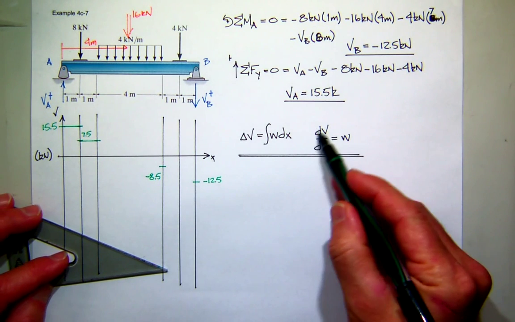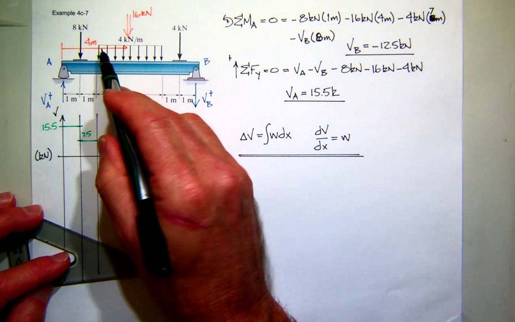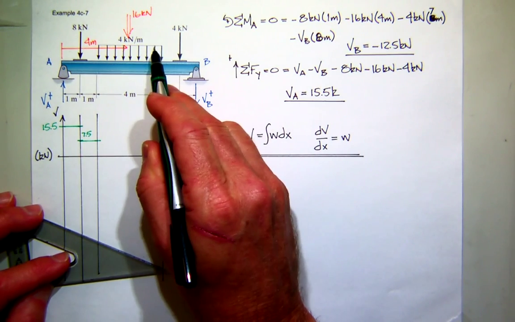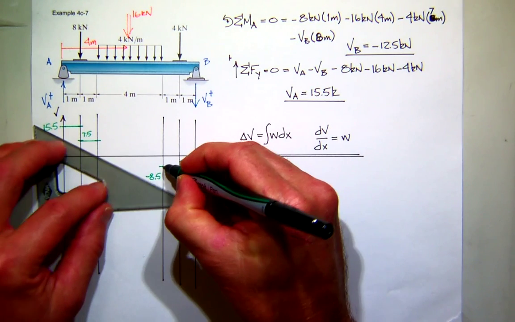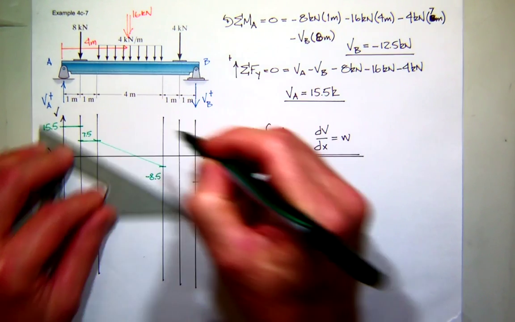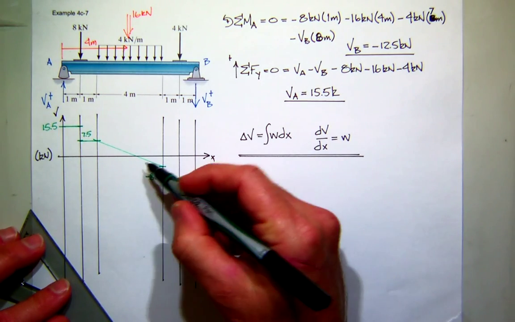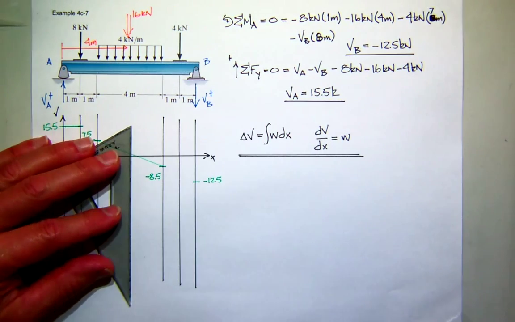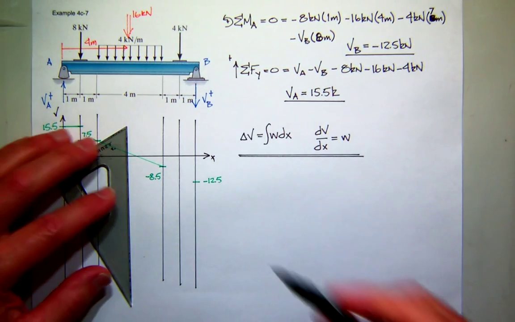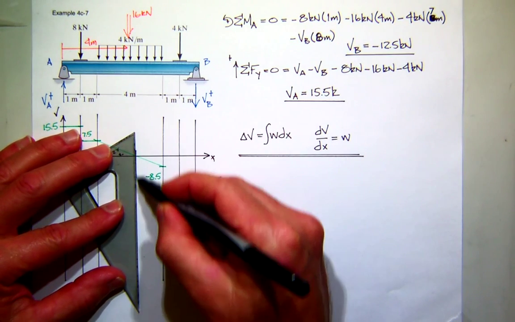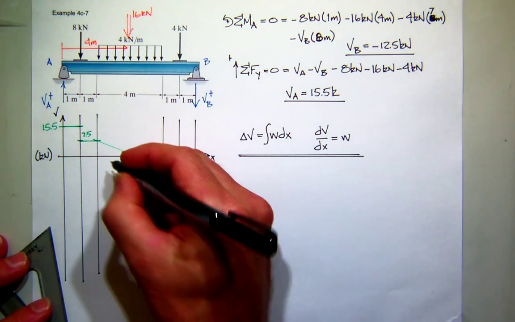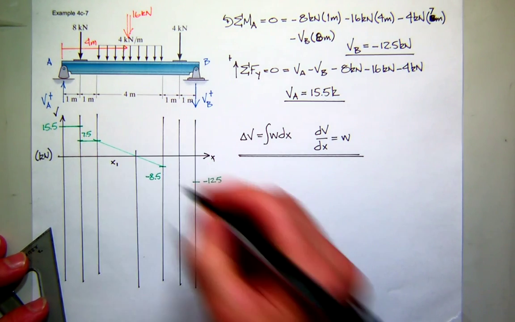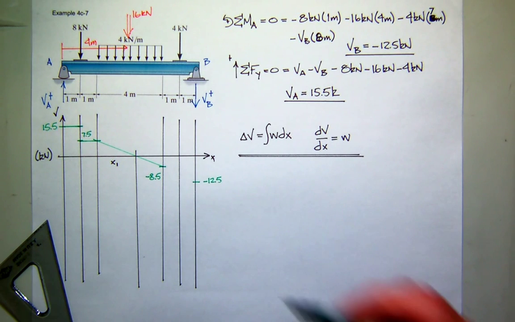What's the slope of our curve? It's equal to the load, and the load is constant and negative. So you can see there's a point where it crosses the axis, so that's going to be a new point that we're going to be interested in. For the time being, I'll just call that x1. We'll come back and get that in a second. Let's go ahead and finish this up.